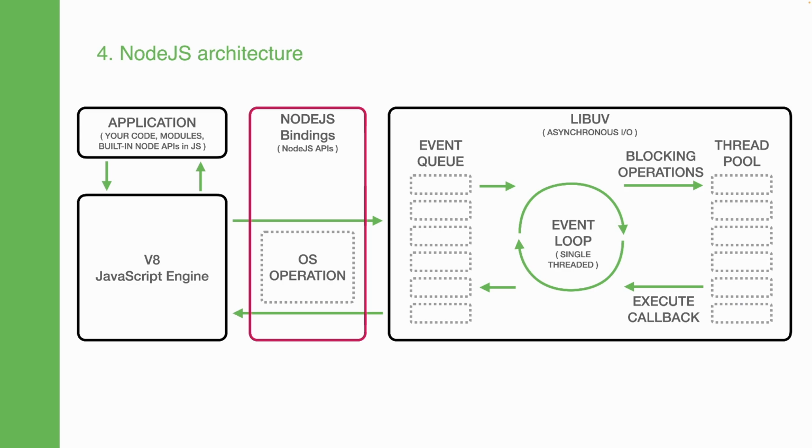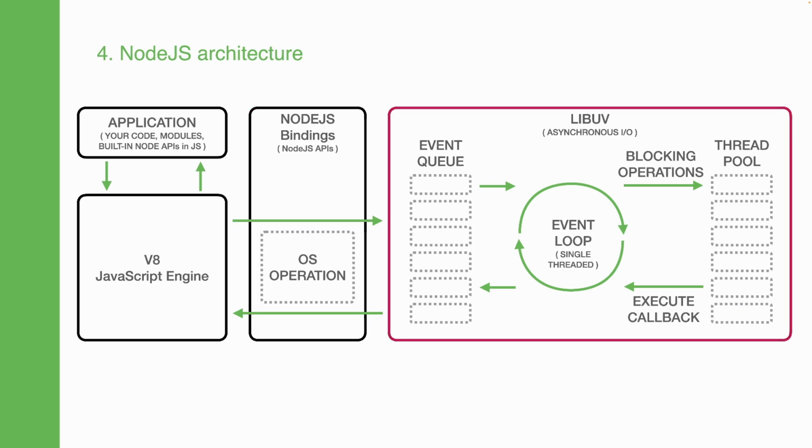They allow your JavaScript to interact with core C libraries like C-Ares, zlib, and OpenSSL, among others. This approach boosts performance and promotes code reuse by leveraging existing C code instead of reinventing the wheel in JavaScript.